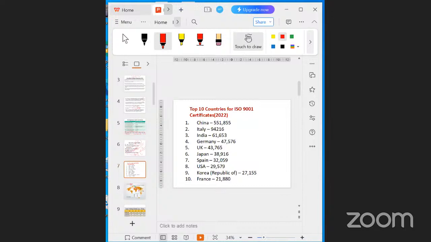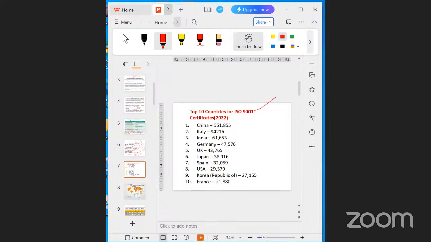Now you see how many companies have got certificates. Here you see some of the top 10 countries for ISO 9001 certification. This is the latest, 2022, right? So in China, you see this is the number, in Italy and India, Germany, UK, Japan, Spain, USA, Korea, and France.